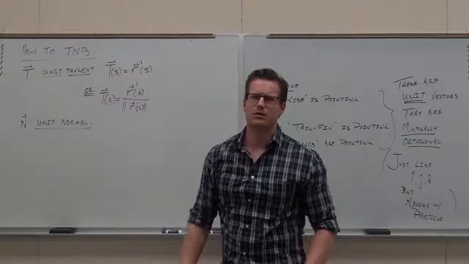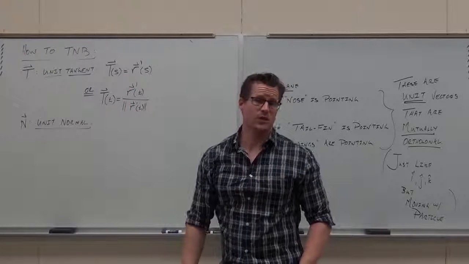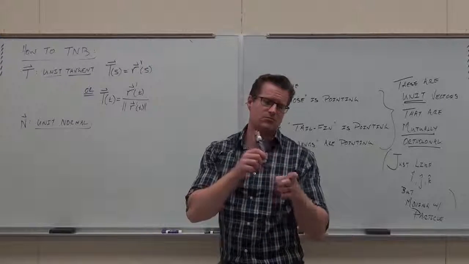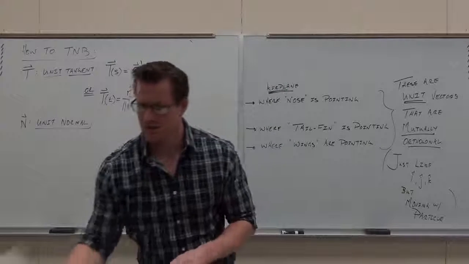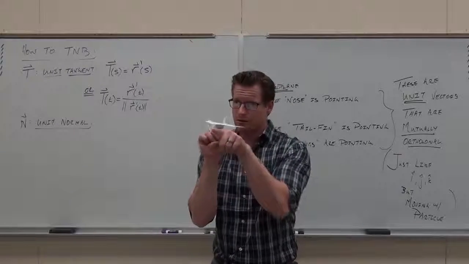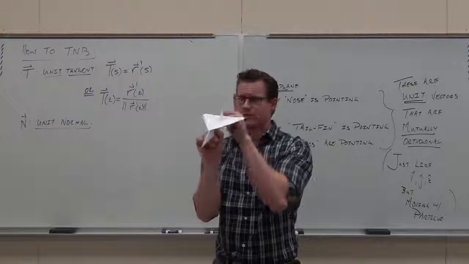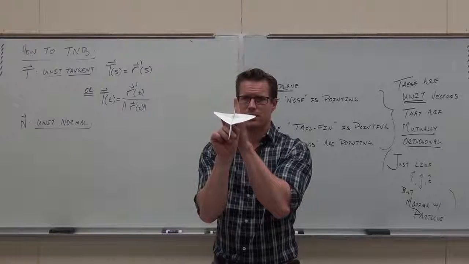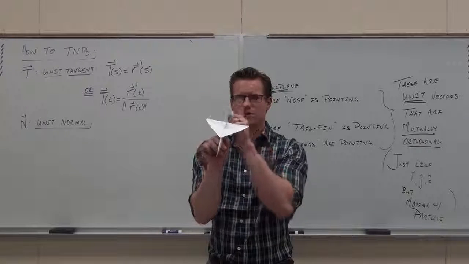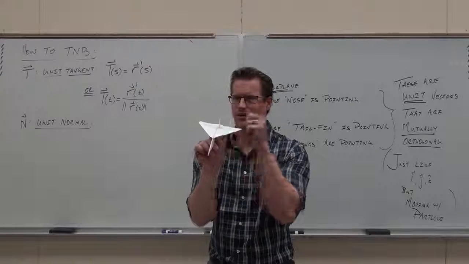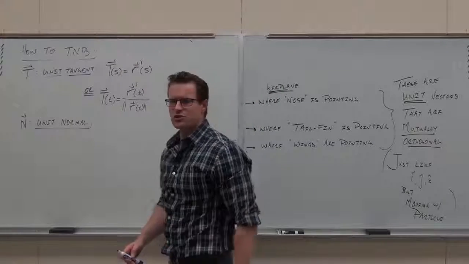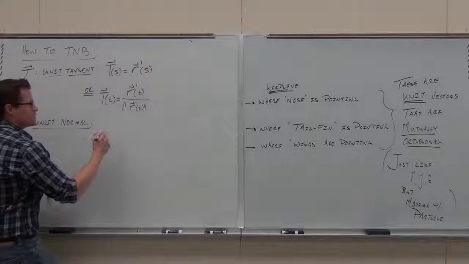If I want something that is perpendicular to the tangent, this is what T is, this is the vector of T. I want to find the vector for N. I want to find something that's tangent to the tangent and something that's perpendicular. It's not super obvious how we find the unit normal.